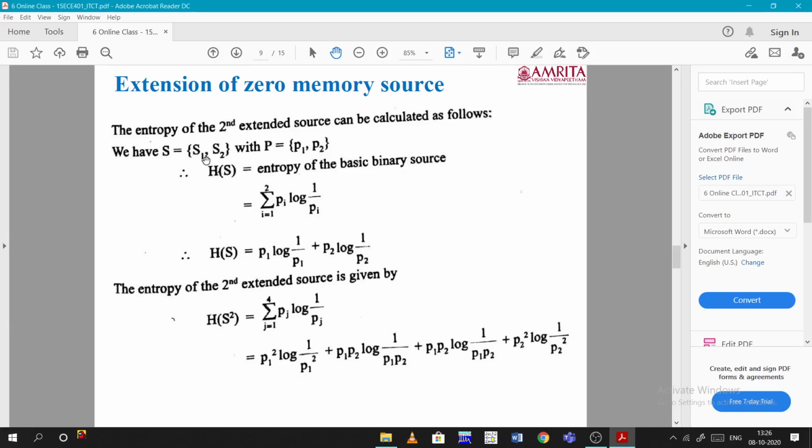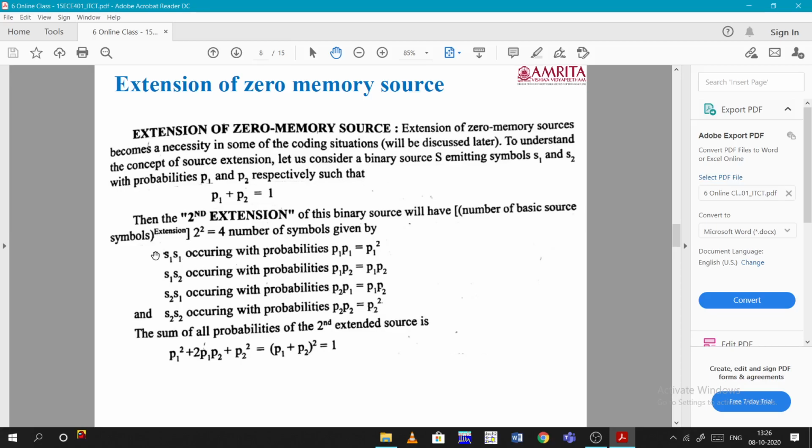For finding the entropy, H(S) will not change for the normal source. When it comes to the second extension, it is H(S) whole square. Now these pairs become individual symbols. s1 s1 is a new symbol, s1 s2 a new symbol, s2 s1 a new symbol, and s2 s2 a new symbol, with the corresponding new probabilities.